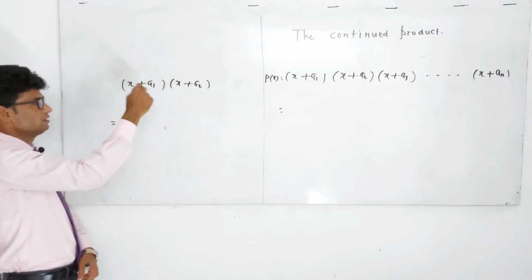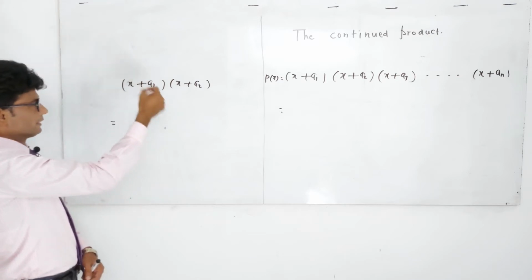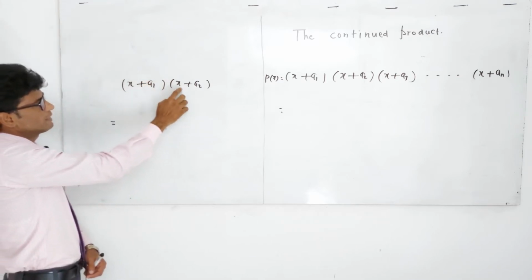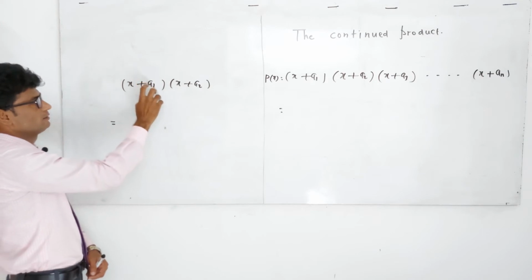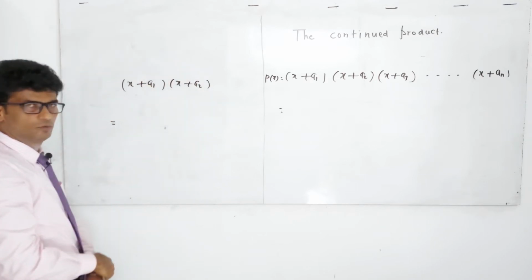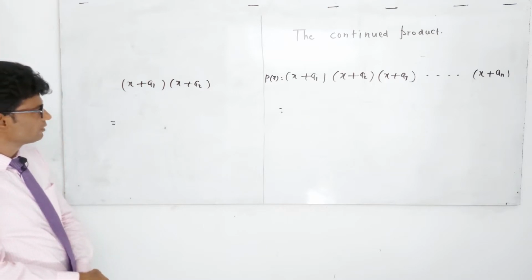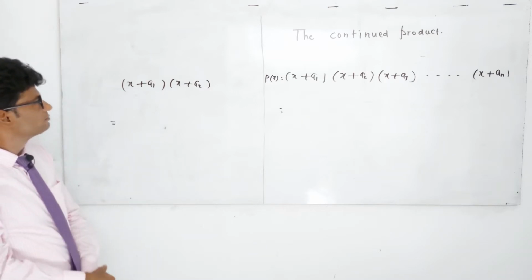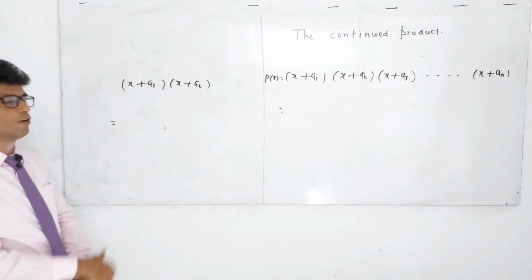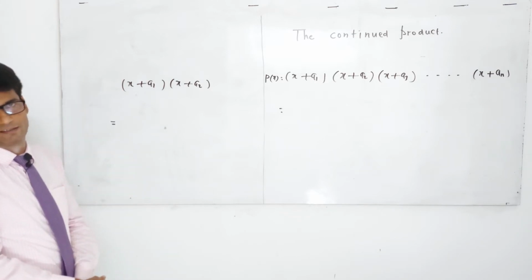So we get a1x plus a1a2. So in this way we will get the multiplication of these 2 factors.